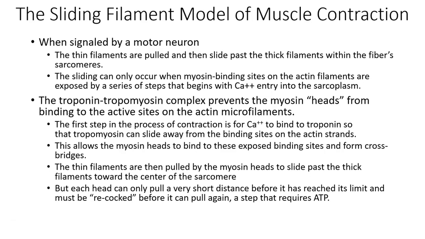So getting back to our sliding filament model, so troponin, tropomyosin complex, those regulatory proteins, are normally going to prevent those myosin heads from binding, so that our muscles are not constantly in their contracted state.